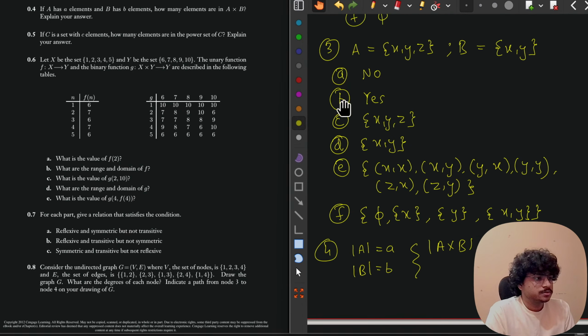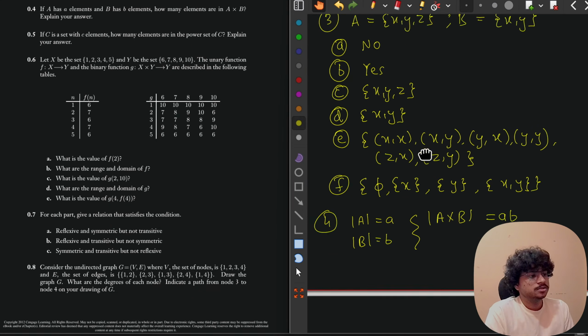Can I prove this? If there are three elements and two elements, there are six elements: one, two, three, four, five, six. Yes, I am correct.